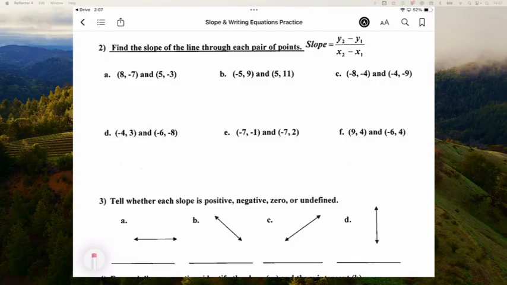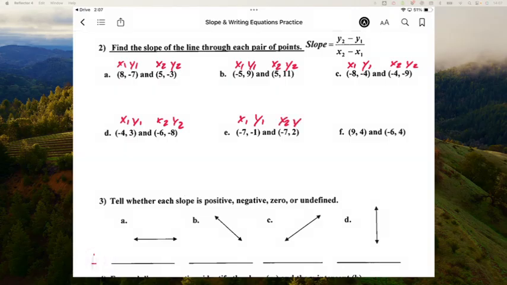Finding slope between 2 points. I'm going to go ahead and label all my x1s and y1s first, and x2s and y2s. Okay.